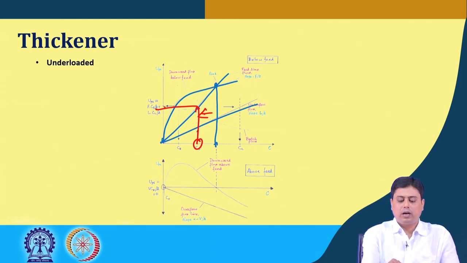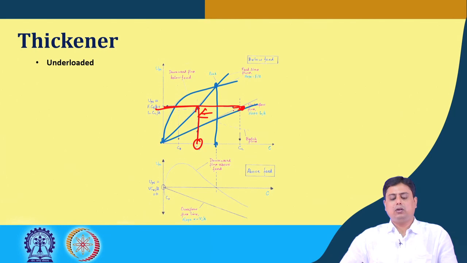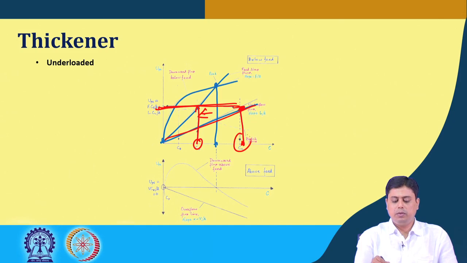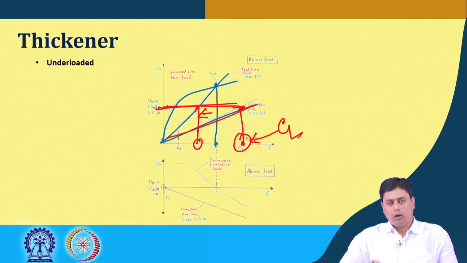So the corresponding concentration at the downflow, or the underflow, would be the intersection between this line and the line with the slope of L by A. This would be our CL, and all the flow is happening in the downflow region.